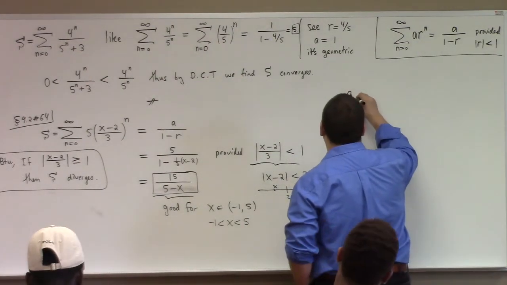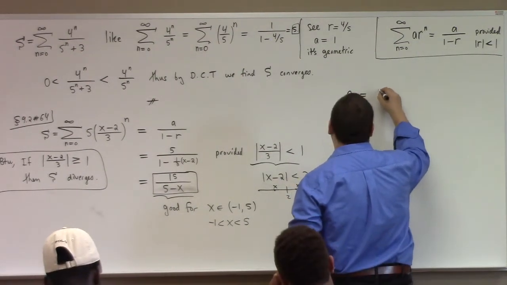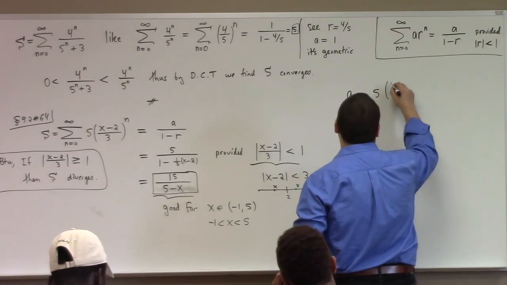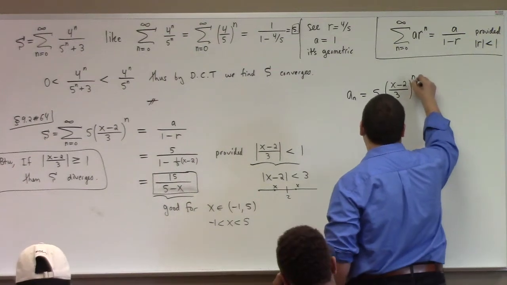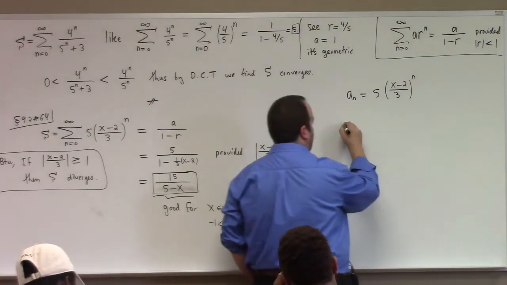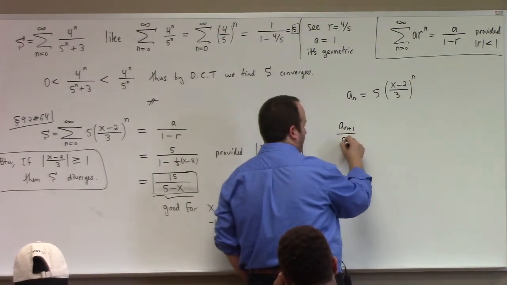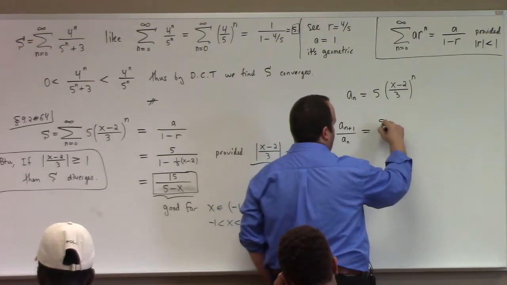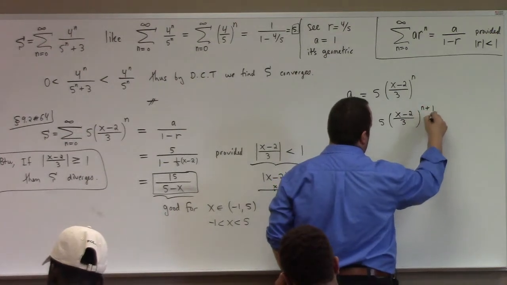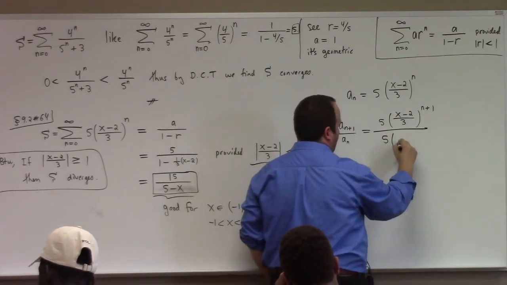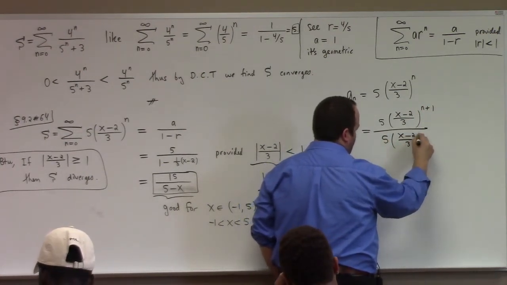So a_n is equal to 5 times (x minus 2) over 3 to the n, right? If you calculate a_(n+1) over a_n, you've got 5 times (x minus 2) over 3 to the n plus 1, divided by 5 times (x minus 2) over 3 to the n.